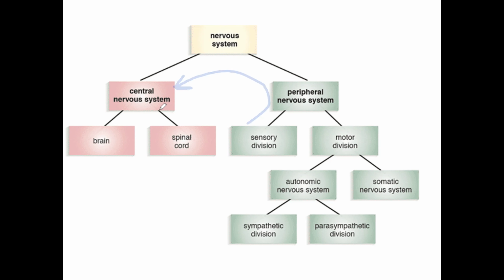And motor division. And motor division is from center to the effector organs. And now motor division is divided into autonomic nervous system or somatic nervous system. Autonomic nervous system includes sympathetic division and parasympathetic division.